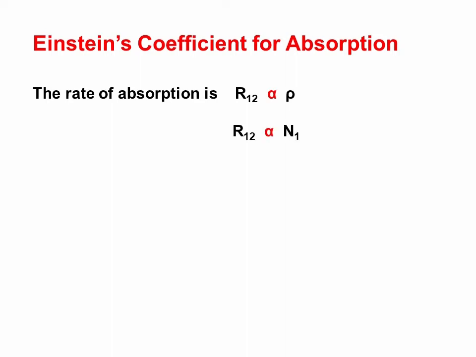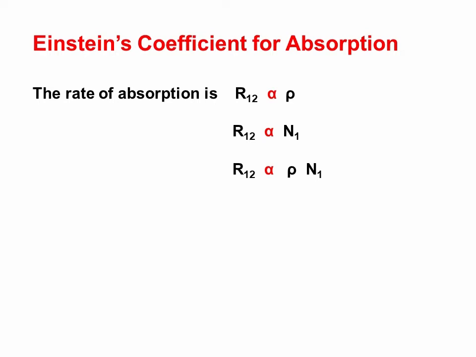Then the rate of absorption is directly proportional to the number of atoms in the ground state. Then we can write R12 is directly proportional to rho into N1.